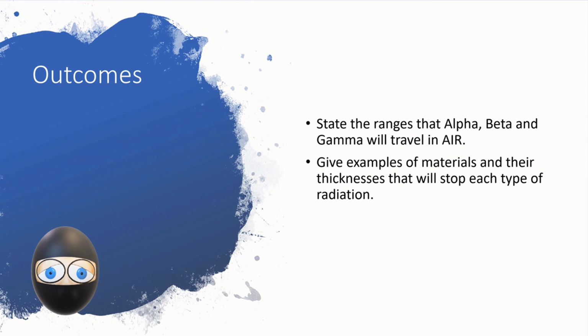And give examples of materials and their thicknesses that will stop each type of radiation. So alpha will be stopped by anything even very thin, low density materials like skin or paper. Beta won't really be stopped by the paper, we need 2 or 3mm of aluminium for that. And to stop gamma, we need 2 or 3 centimetres of lead.